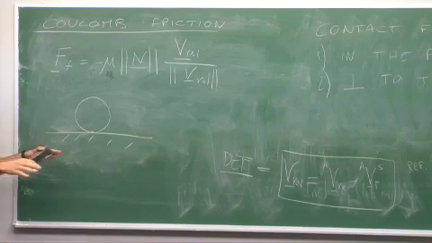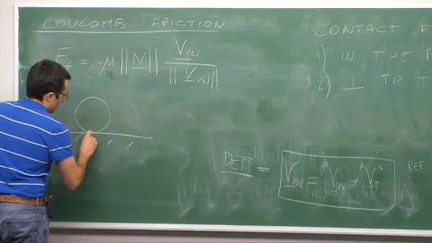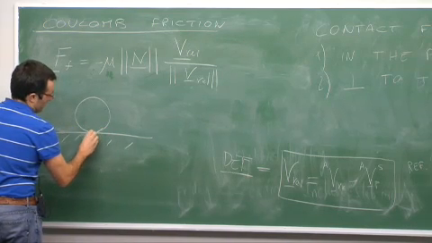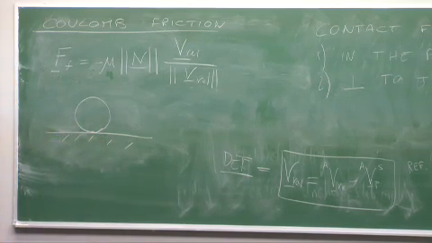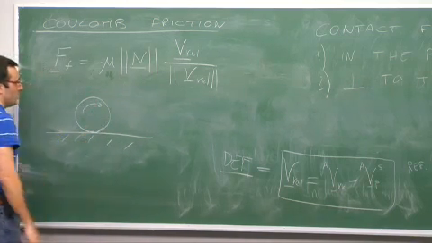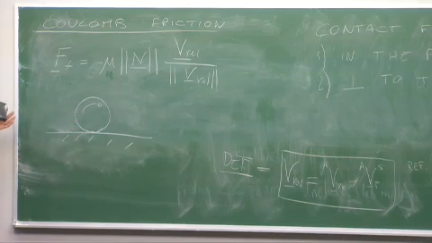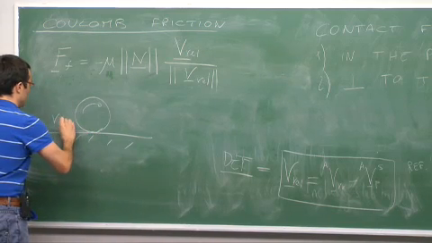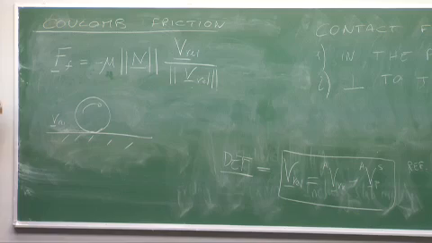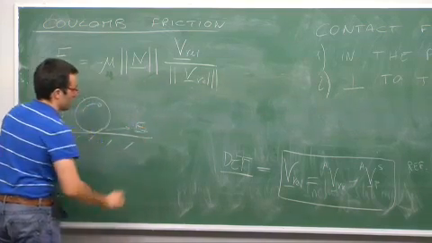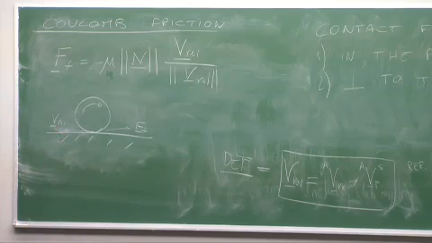It's touching on several points, right? So if we use this kind of model and we allow it to work for all the points that are touching the ground, and I am biking so that the wheel goes this way, which way is the relative velocity? It's that way, right? So VREL is something like this, pointing that way, and so the force of friction is actually pointing the other way, which is why you can move.